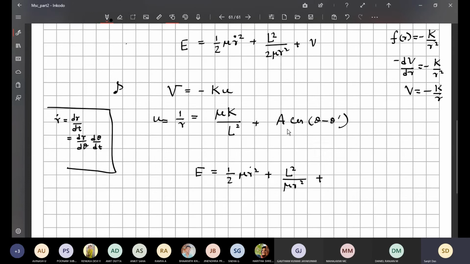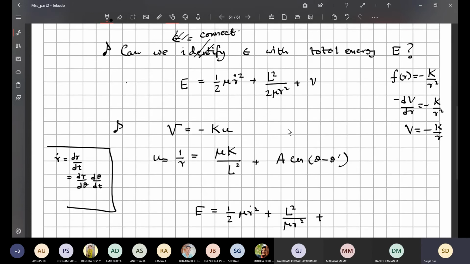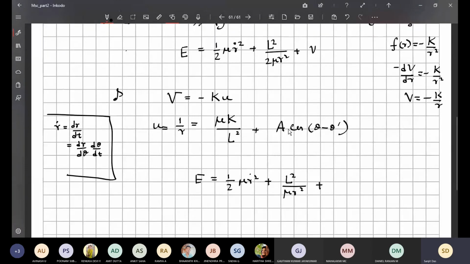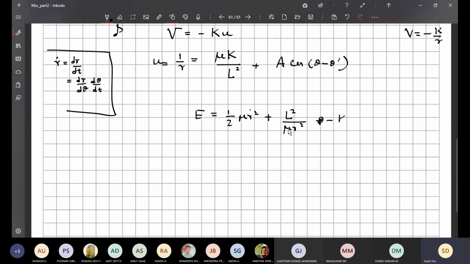It will be coming minus k by r. Suppose this thing is given. Even if you don't want, you can put it in the form of V, so that you can have a general idea. Then you can change it. So half mu r dot square is nothing but E minus V. E is constant, V will give you the profile.